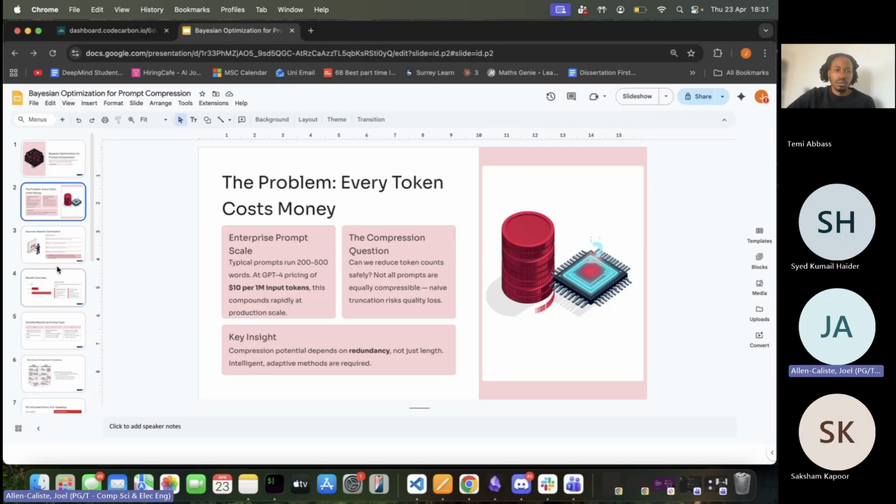In the last meeting, I was talking about my informed Bayesian optimizer, where now that I've done some data analysis on a data set of test prompts, I found a pattern and ideal structure of prompts. And then I implemented my Bayesian optimizer.